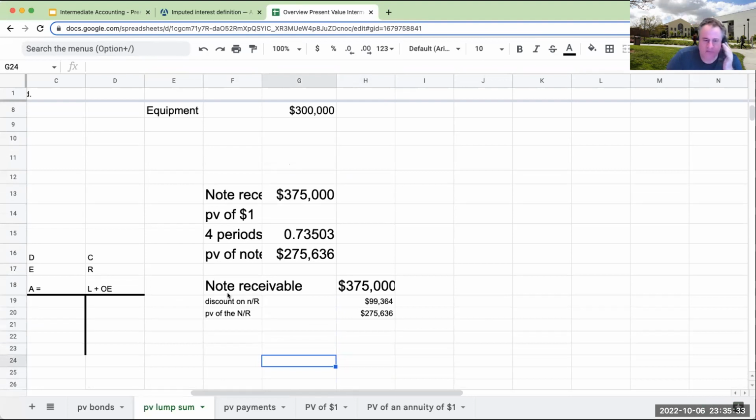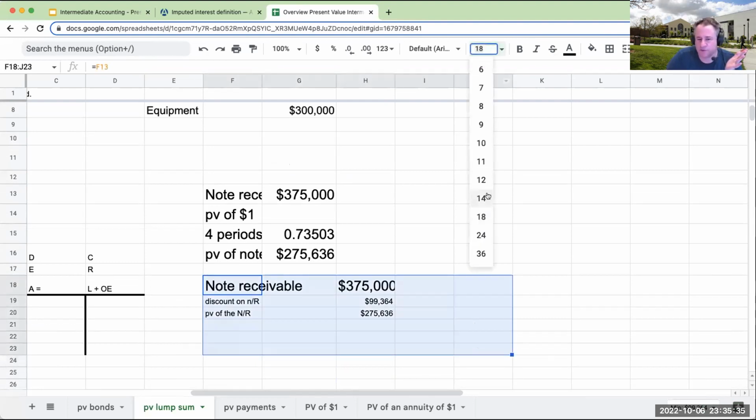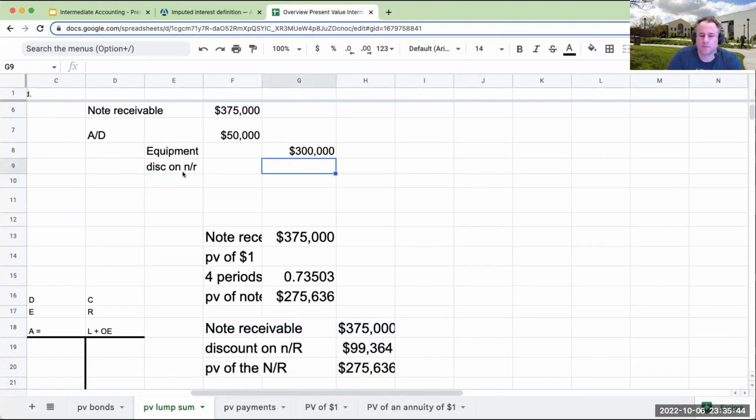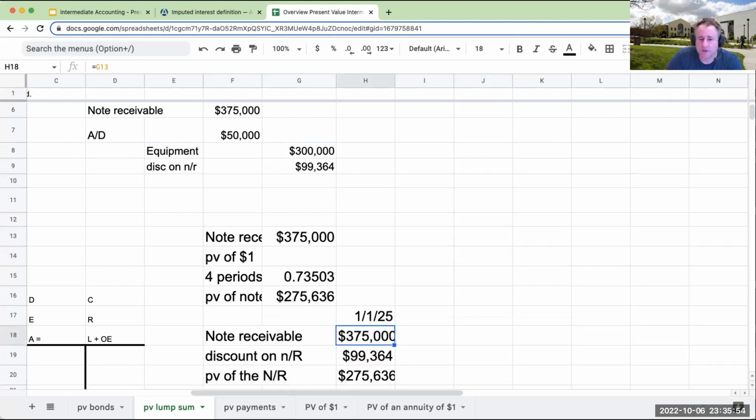Now, let's make sure that this makes sense. If I do a discount on note receivable of 99,364, then what does my balance sheet look like? Well, it would show on 1/1/25 the amount of the note receivable less the discount, which gives me the present value.